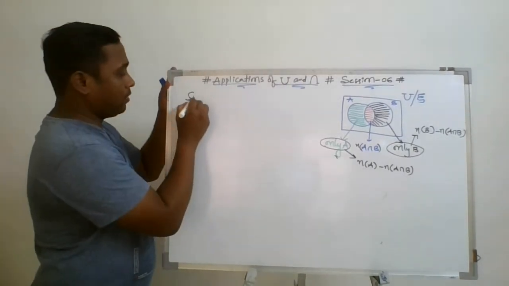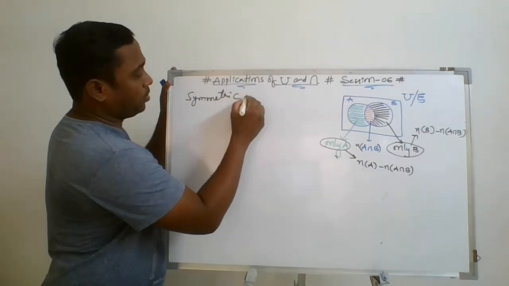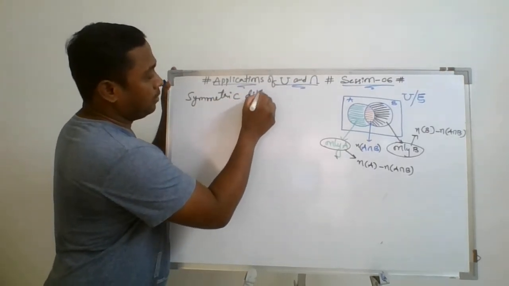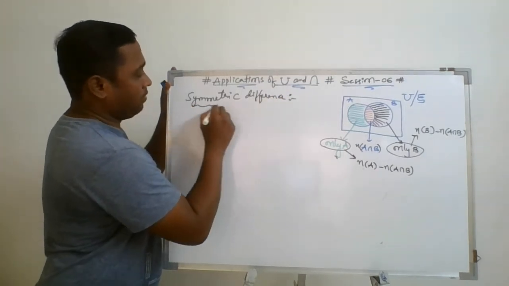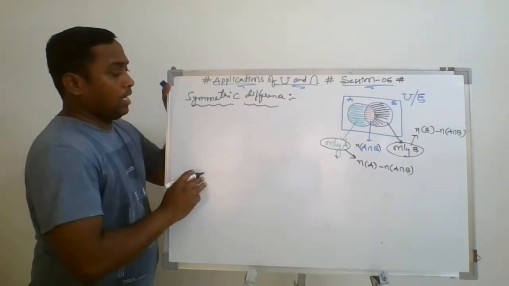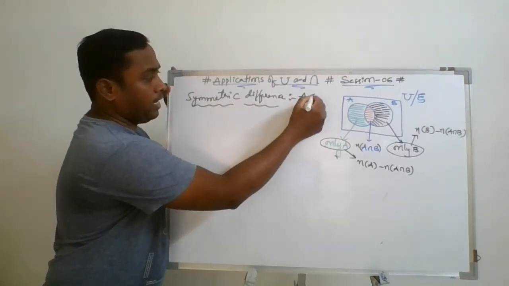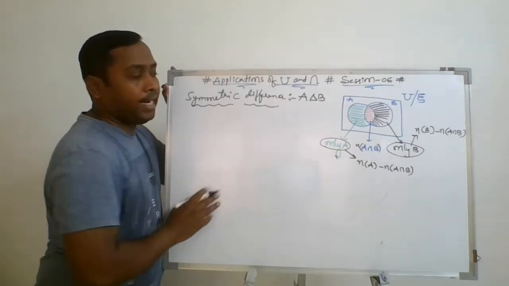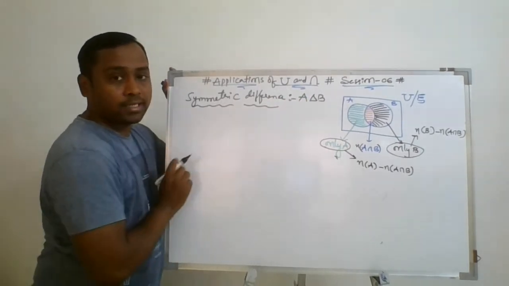We have already discussed this in a previous section. It is basically denoted by delta, that is A delta B. A delta B means symmetric difference of two sets.